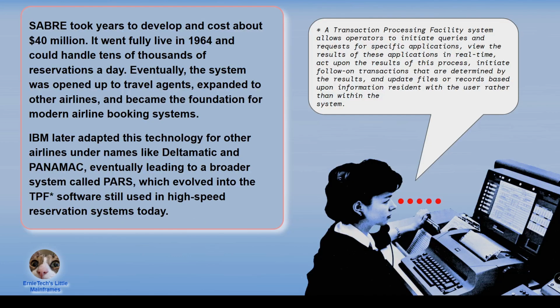So about $40 million later, in the mid-60s, they came up with this. They were able to do tens of thousands of reservations a day. It was the beginning of systems that were being developed for other airlines, Delta, Pan American, I believe TWA, but I'm not sure.